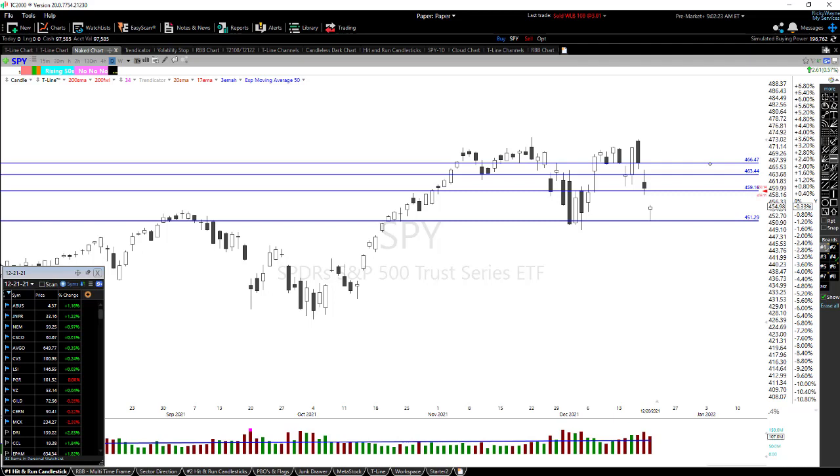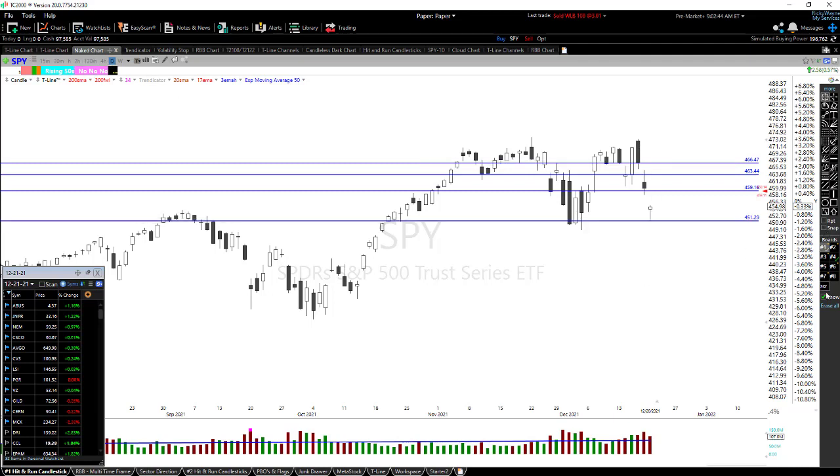Right here could be resistance, and if it breaks out, it can become support. So if you follow a naked chart, you've got nothing in there to help you other than the price action candlesticks. And that's perfectly fine. It really, really is. So you've got some numbers there if that's what you do.